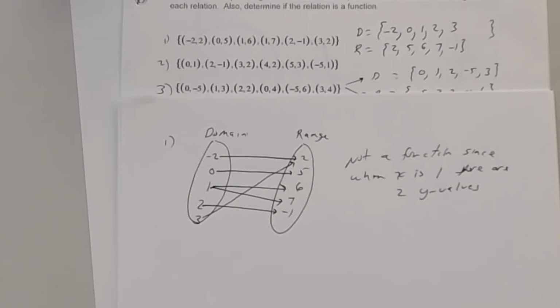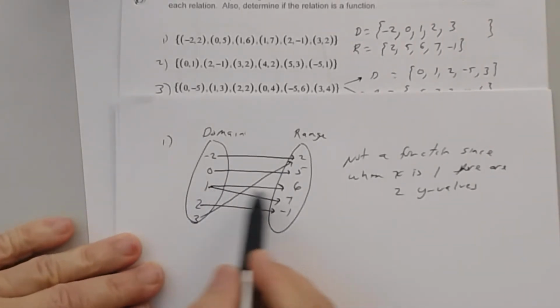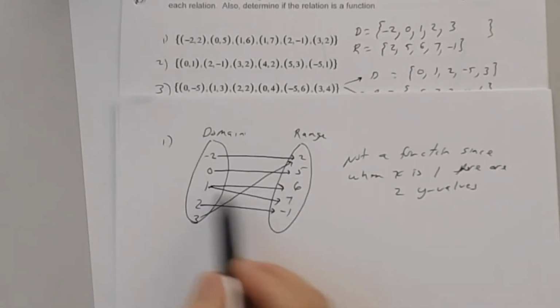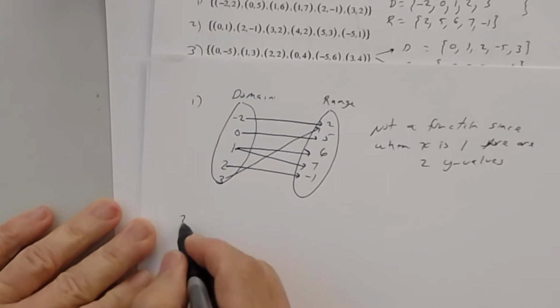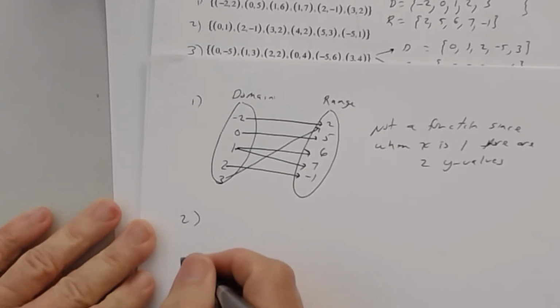It's a relation, but it's not a function. Notice it fails because when x is 1, you see 2 arrows coming from it. That relation has failed. The whole thing's not a function.